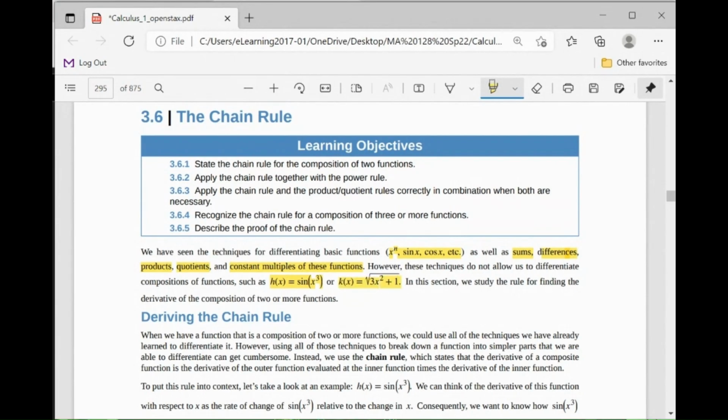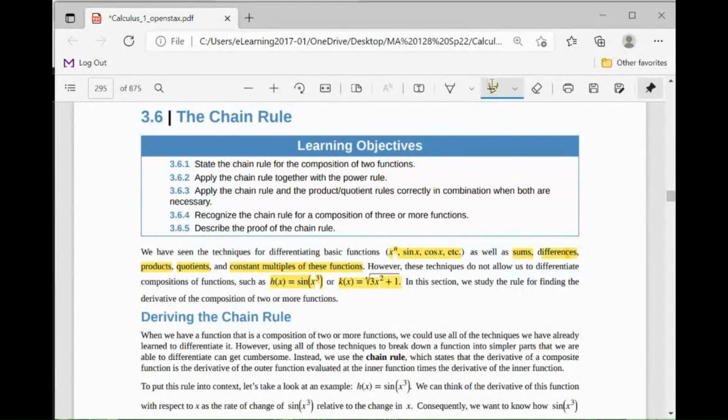Or look at the function k. There is a square root function, and inside the square root there is 3x squared plus 1, a polynomial. Okay, so first a number is evaluated in a polynomial, and then it is put inside the square root.